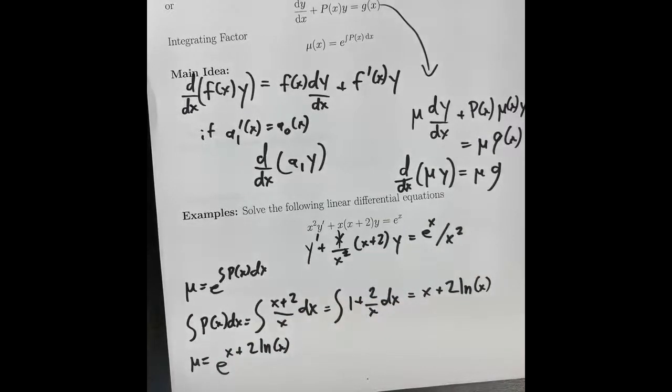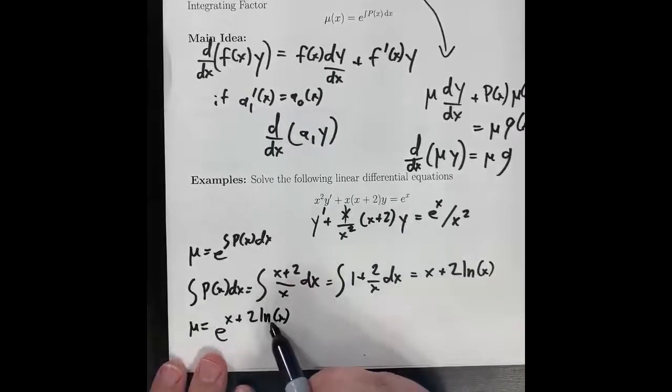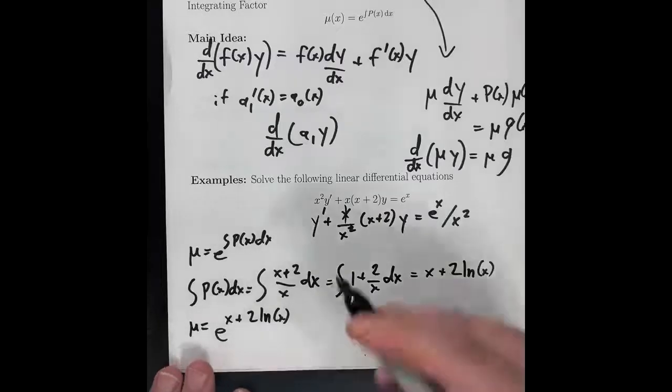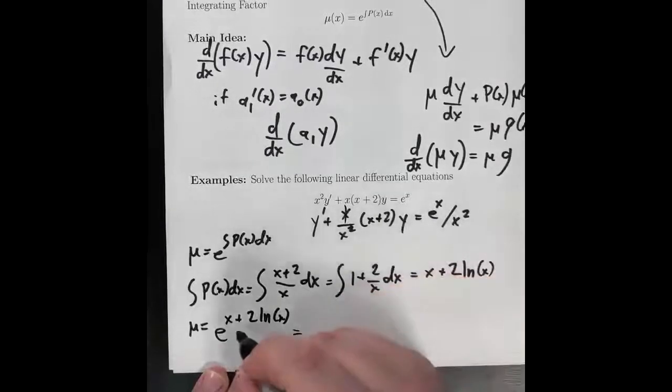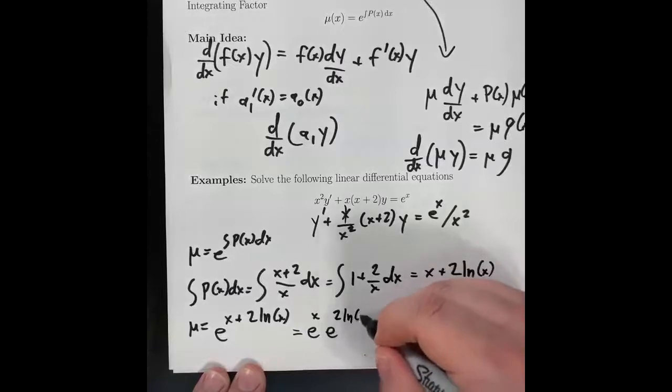All right, let's try and simplify this. I see an e and a natural log here. Whenever you see a natural log in the exponent of an e, you should immediately want to do something about that, because those things should cancel out eventually. So we can rewrite it. An addition in the exponent turns into a multiplication, so this is e to the x times e to the 2 natural log of x.